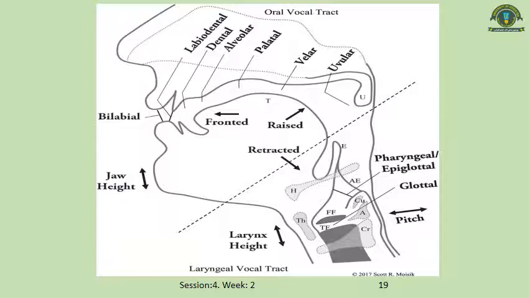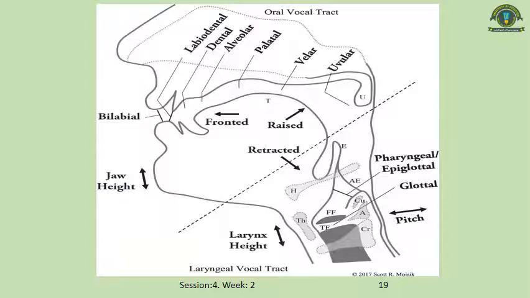Then alveolar. When I talk about alveolar, I already told you that in your own language you call it talu. So we have the alveolar ridge. The hard part is there and the soft part is there; we call it the hard palate and soft palate. And then velar, the back.